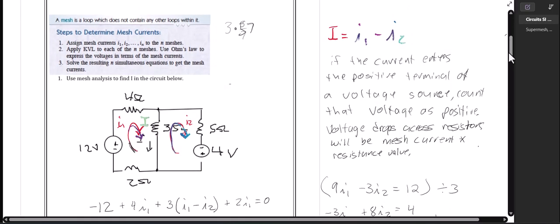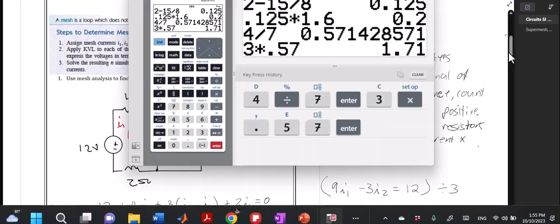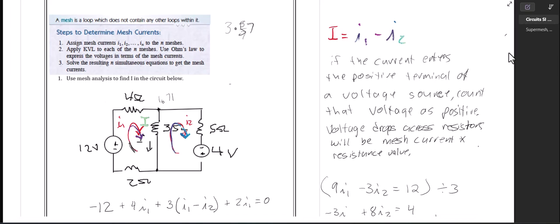Which means that if the current going down is positive, that means this side has to be 1.71 volts more than this side.